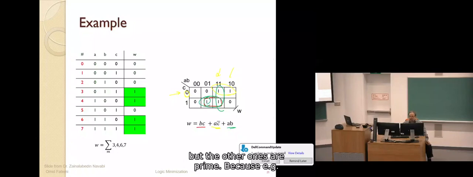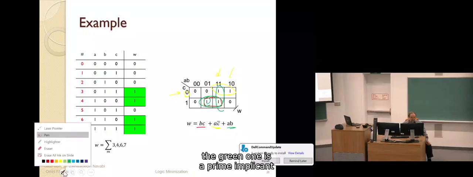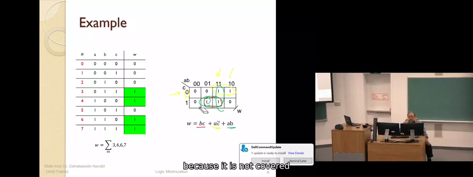But the other ones are prime because, for example, even the green one is a prime implicant because it is not covered completely by any other implicant.